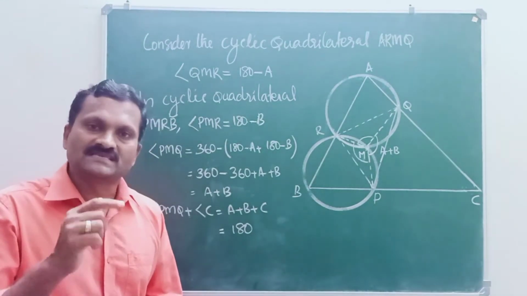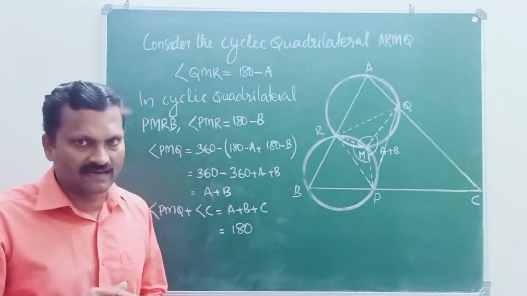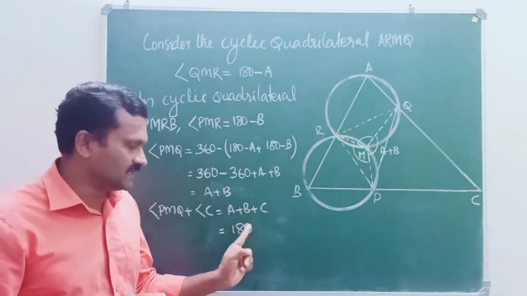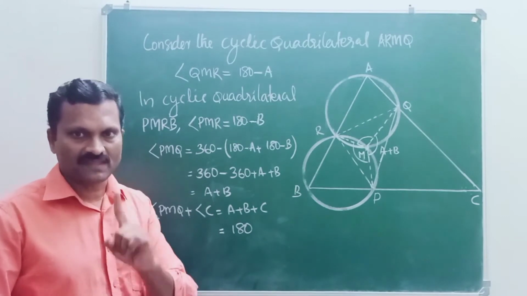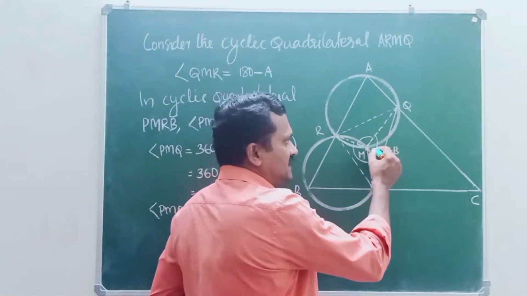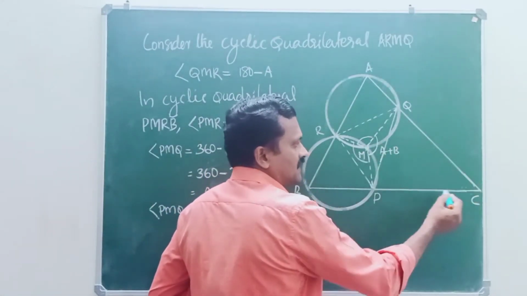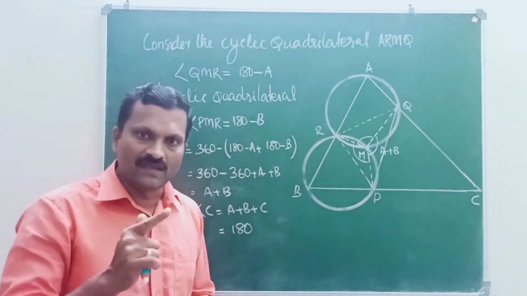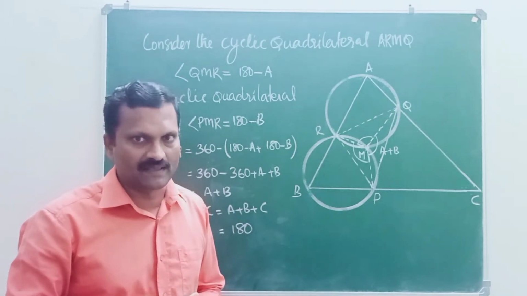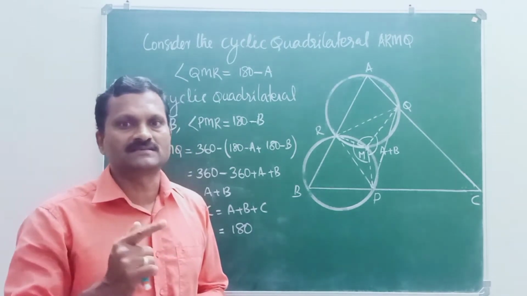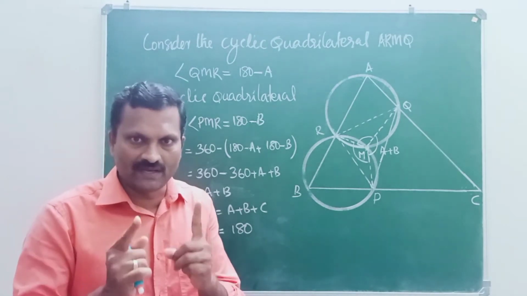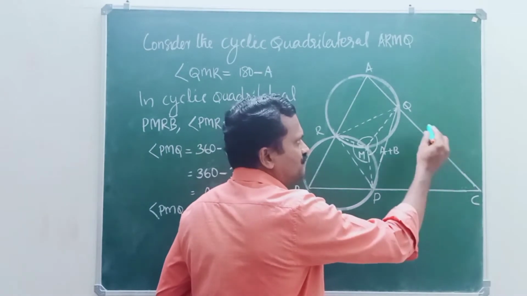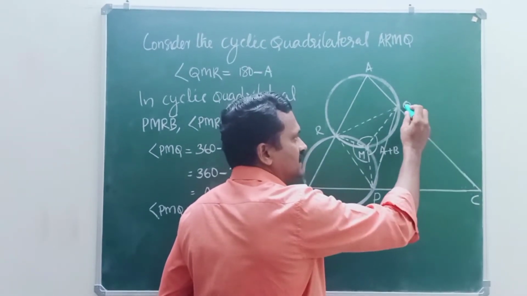We know that the sum of the angles of a triangle is 180 degrees. Therefore, A plus B plus C equals 180 degrees. That is, the opposite angles of this quadrilateral PCQM are supplementary. If opposite angles are supplementary, then the quadrilateral is cyclic. That is, we can draw a circle which passes through all four vertices P, C, Q and M.